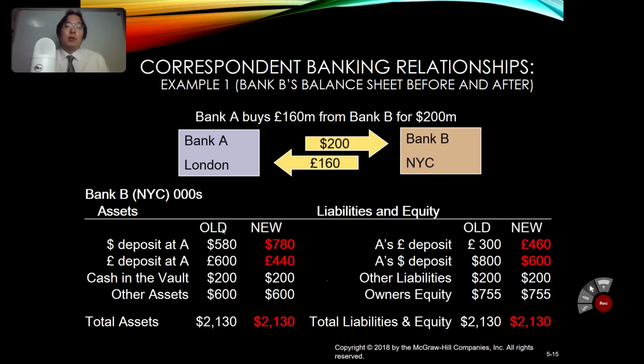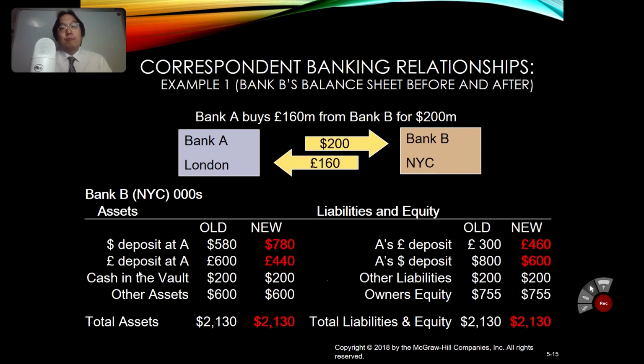Now, the old numbers are given, just take it as it is. The new numbers are the resulting numbers after this correspondent banking transaction. So Bank B, their asset, they got 200 million US dollars, so they are depositing it at Bank A's account. So the asset deposited at Bank A increases by 200 million US dollars.